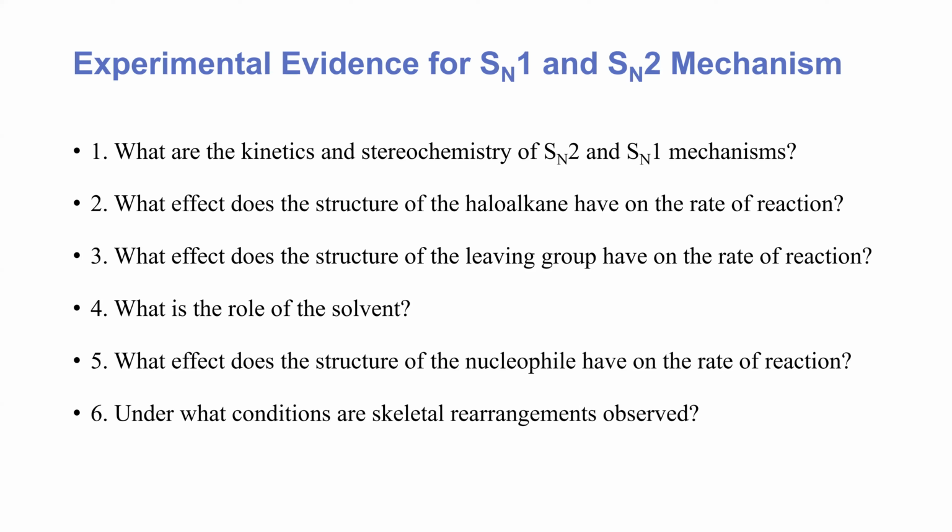So when there's a nucleophilic substitution reaction, the chemist has worked on six or seven conditions and parameters. They wanted to observe them because they had developed a hypothesis that these could be the factors which influence the SN1 pathway or SN2 pathway.